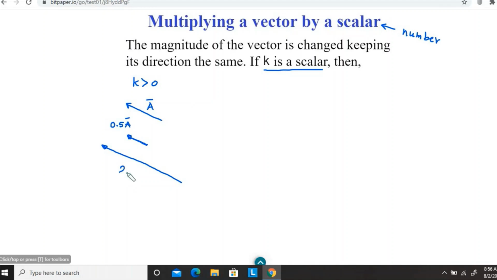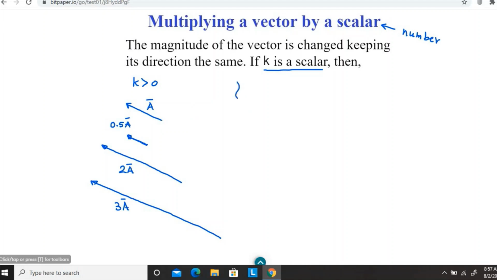So this is 2 times a. If we multiply it by 3, then it's going to be 3 times a. So this is what happens when we multiply a vector by a scalar. If the scalar is positive, then only the magnitude of the vector changes, keeping the direction constant.